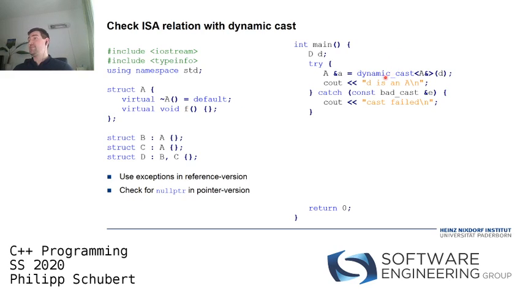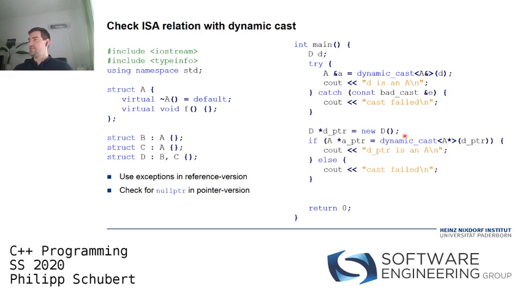So this cast would succeed. But if you would put in something else which is not really an A, or which cannot be cast to an A ref, then an exception would be thrown. And you would usually need to wrap it in try catch to recognize if a cast could not be performed correctly.